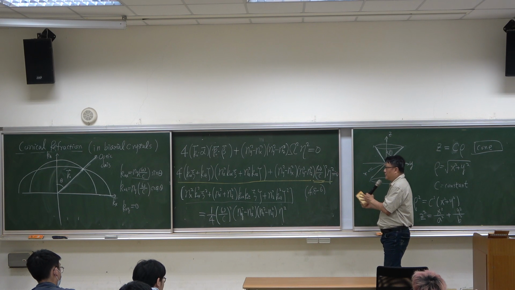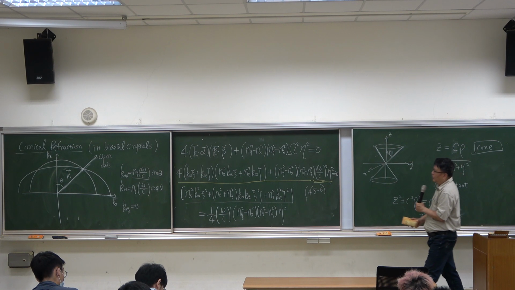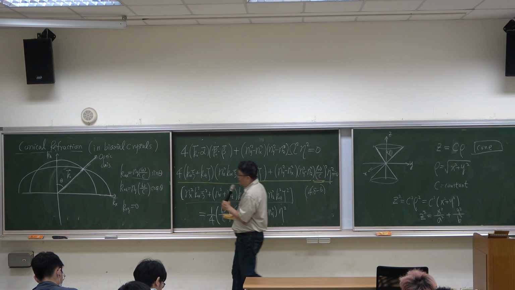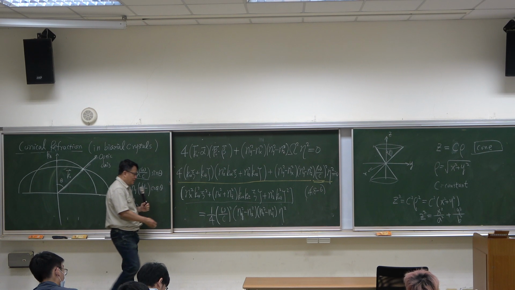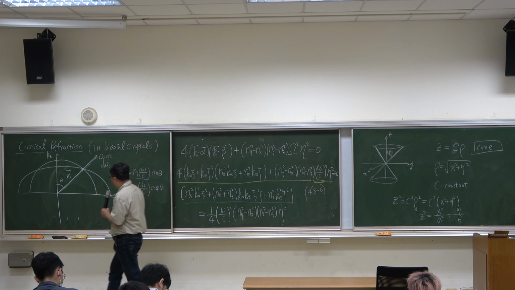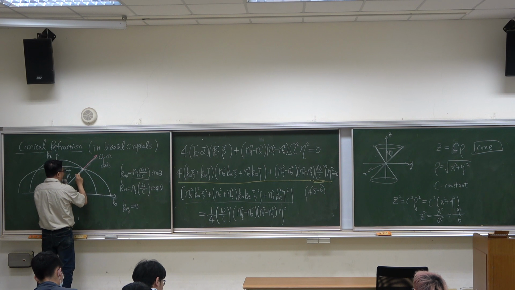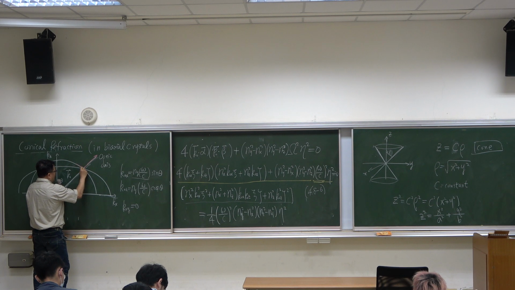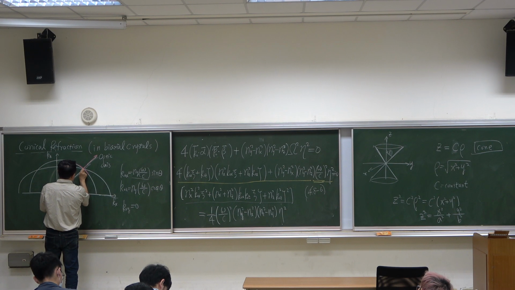To make it a standard cone equation, we must rotate the coordinate axis. This direction is perpendicular to the circle, and we have the other direction perpendicular to the ellipse.